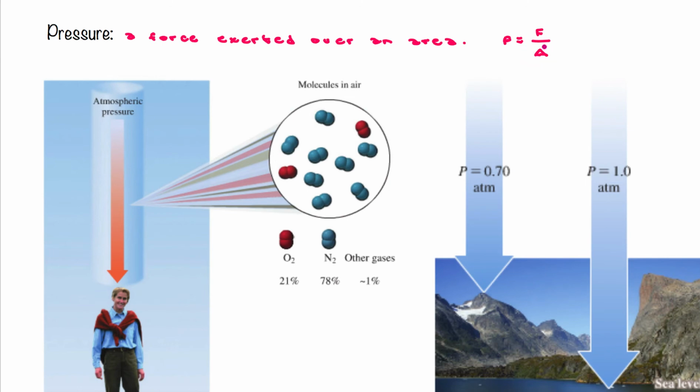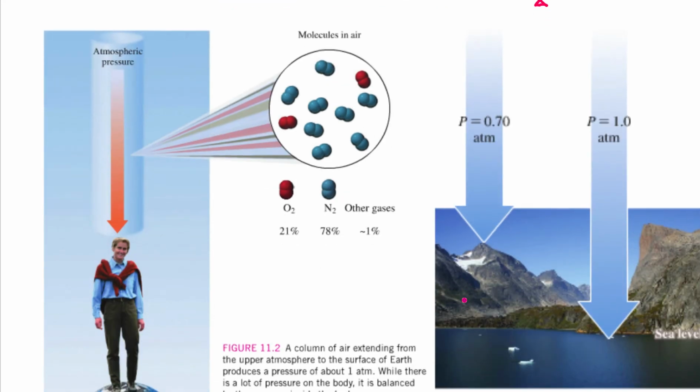So if you have a large surface area, the number in your denominator will be large, causing the pressure, when you divide by a large number, to be smaller. So it doesn't hurt that badly. But if that same person steps on you with a stiletto heel, the area that that force is being imparted over is much smaller, causing the pressure that you experience and the pain you experience to be much larger. Okay? So that's pressure.